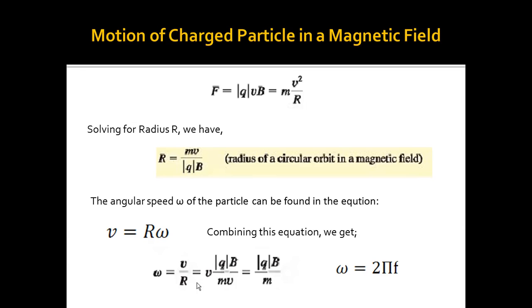This equation relates the strength of the magnetic field with the omega, or the angular velocity.